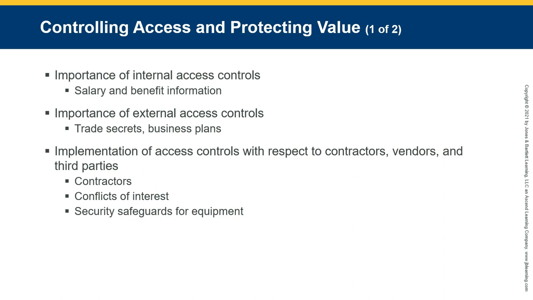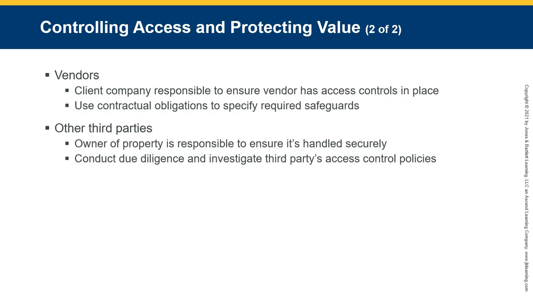Implementation of access control with respect to contractors, vendors, and third parties. Contractors: conflict of interest, security safeguards, and equipment. Vendors and clients: companies are responsible to ensure vendors have access controls in place. Use contractual obligations to specify the need to safeguard.